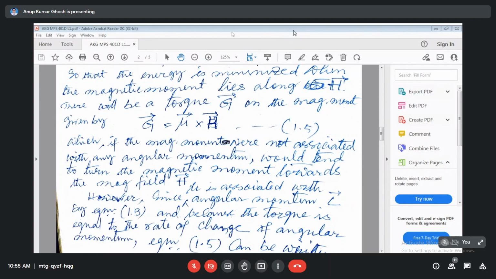Another thing is that the torque is there, which tries to resist that.